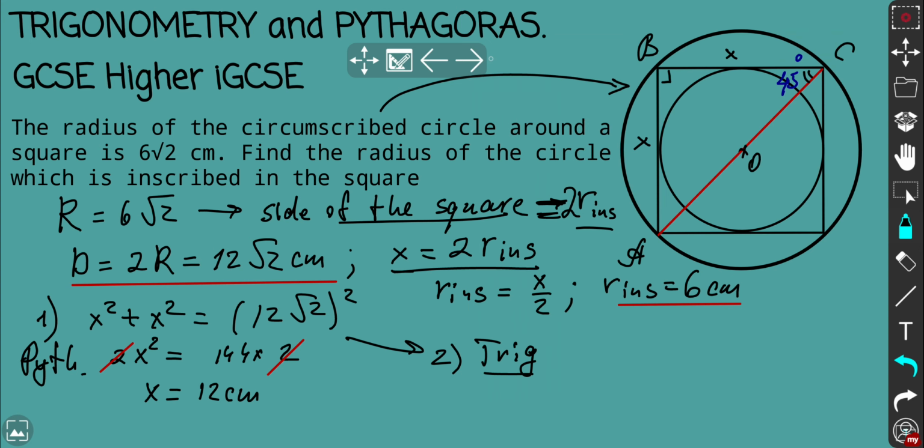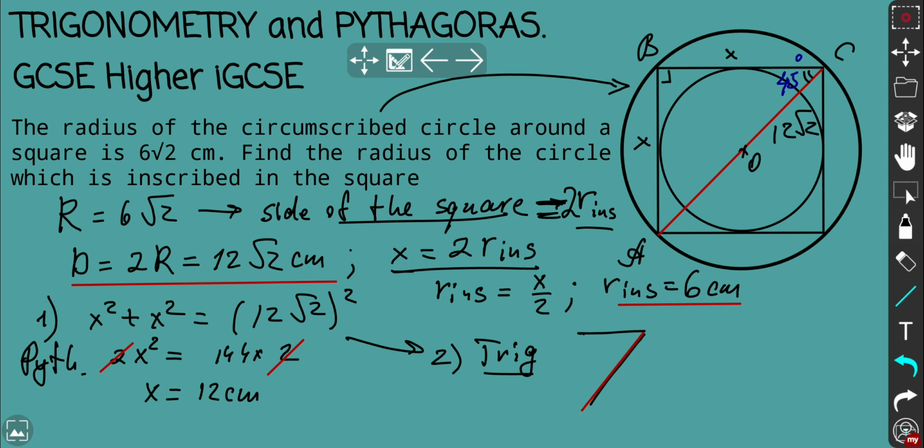If we use that angle and we want to figure out basically the side x, let's say adjacent to 45, but in this case it doesn't matter. And we know that AC becomes 12 square root of 2, so instead of AC, we can write 12 square root of 2. We can easily figure out the adjacent side. So basically, using trigonometry, we've got this sort of right angle triangle.